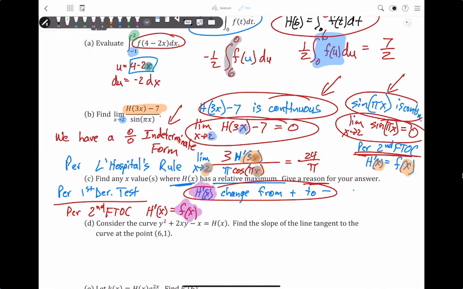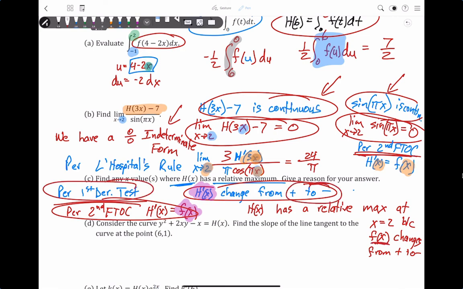So we're going to say that h of x has a relative maximum at, it doesn't want to know what the y value is, it wants to know where it is, x is equal to 2, because f of x changes from positive to negative. And again, it still has the mention of the second fundamental theorem to be able to use f of x instead of h prime, and also the first derivative test to show that it was changing from a positive to a negative.